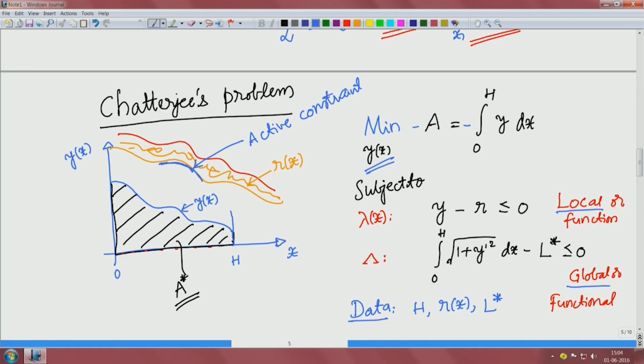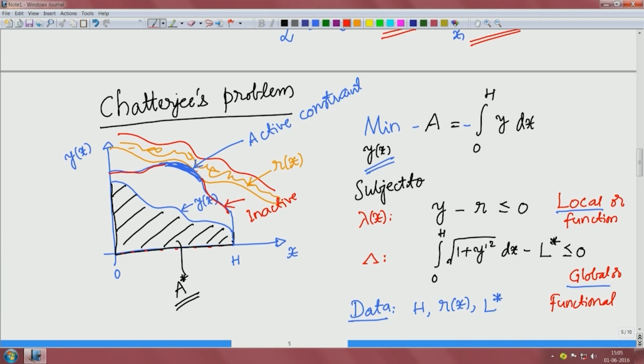In other places if it deviates from it like that, in this portion this is active. Okay, let me put it in blue. Other portion, let me write in red, it is inactive, where y is less than r, that river profile, whereas in some portion it is just equal.